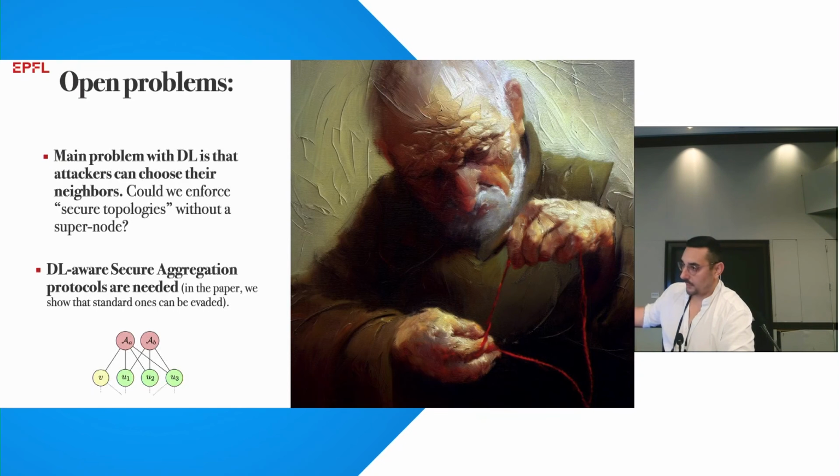And that would prevent every attack based on system knowledge. However, we show that if you apply the standard secure aggregation that you use in FL to DL, there are ways that we can evade it. So essentially, in order to import secure aggregation in DL, one has to develop secure aggregation protocols that are tailored for DL. That's the point.